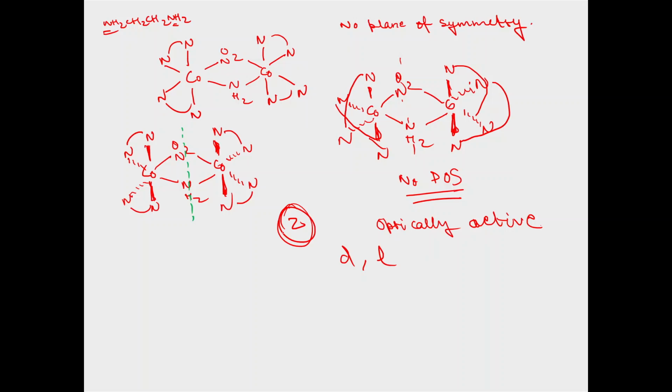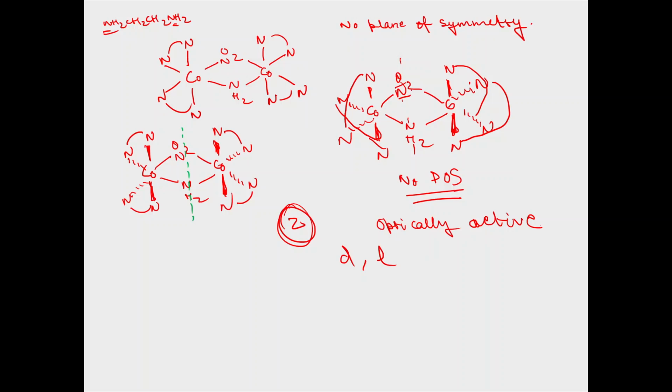Now, if you see the answer key for this question, one correct answer is 2 and 4 is also a correct answer. What I think is that 4 is also correct because in NO2, the cobalt can coordinate via either N or O, because oxygen can also coordinate.